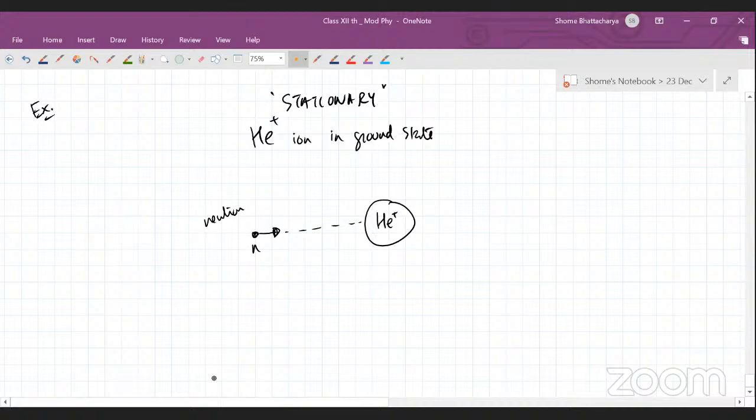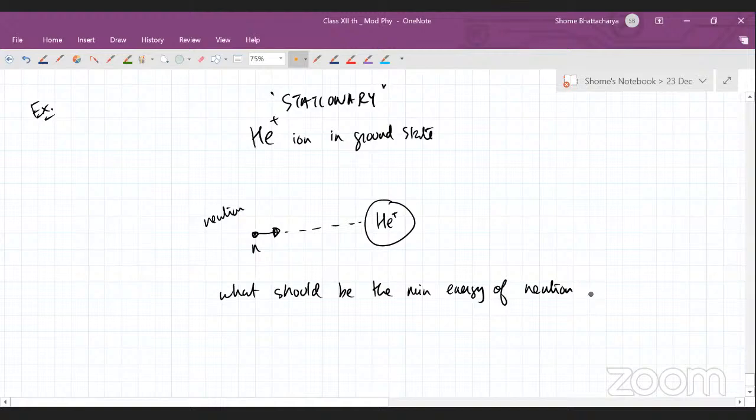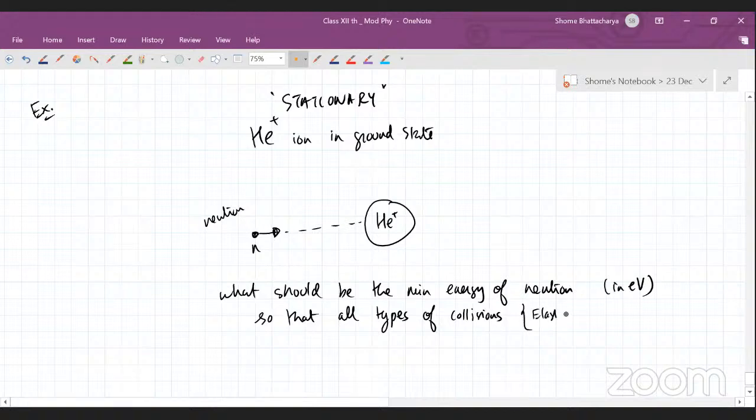So what should be the minimum energy of the neutron in electron volts so that all types of collision, that is elastic, inelastic, or perfectly inelastic, can take place.